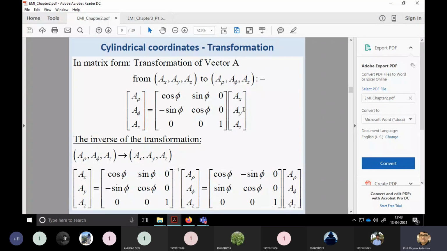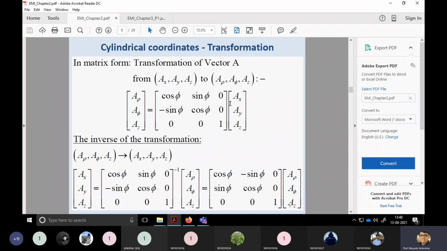So only this one matters, because we want the conversion from Cartesian to cylindrical. Now you just multiply it, and you get the values: x plus z into sine phi, and the second value, a phi, is equal to cos phi times x plus z.